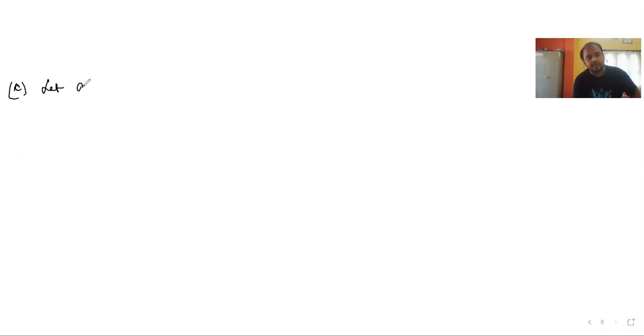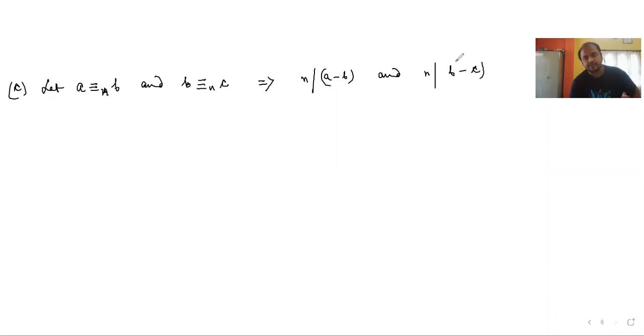Let a be related to b, and b be related to c. This implies n divides a minus b and n divides b minus c.